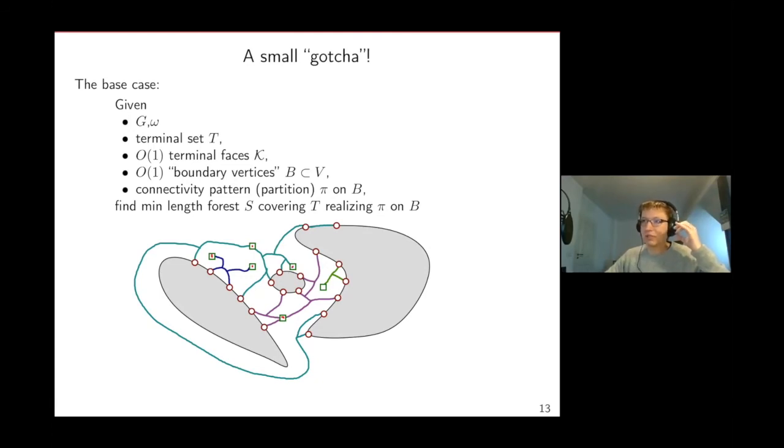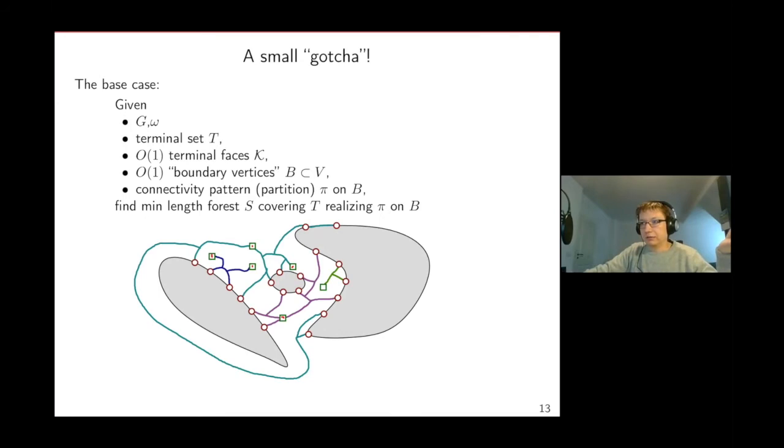And so the problem that I need to solve in this instance is, okay, I have constantly many faces. I have constantly many of these green boundary vertices. I also have some partition on these boundary vertices. And now I need to find a forest which connects these boundary vertices in the given way and covers all the terminals.